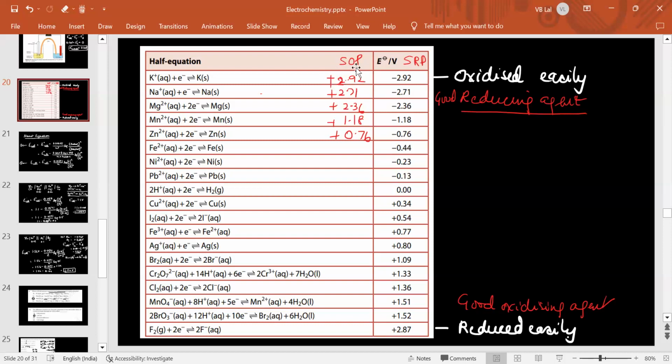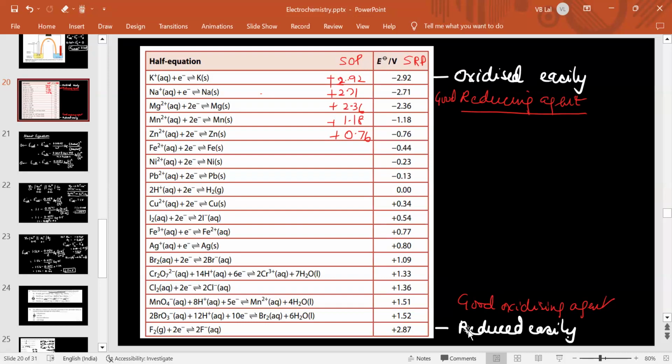Now, the one which has high oxidation potential will be the one which can get oxidized very easily. And if it is getting oxidized very easily, it should be a strong reducing agent. So which is a strong reducing agent which can get oxidized easily? Which one has a low value of SRP?